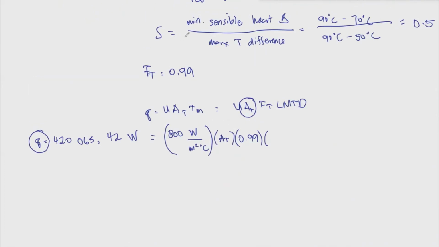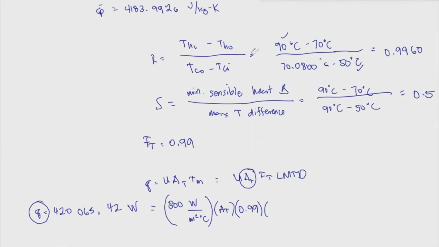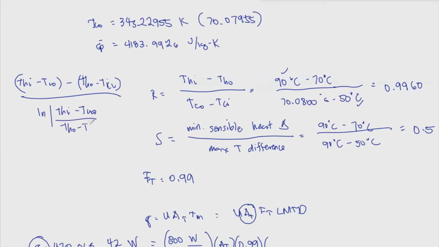So in this case, we have the temperature difference for countercurrent again. So that is THI minus TCO minus THO minus TCI, and then that's ln of THI minus TCO divided by THO minus TCI.